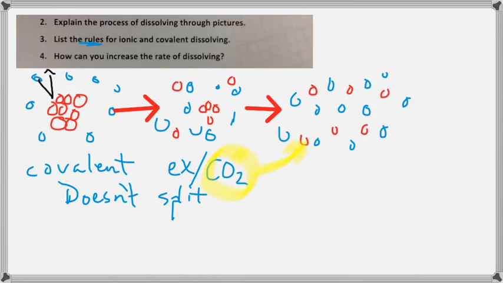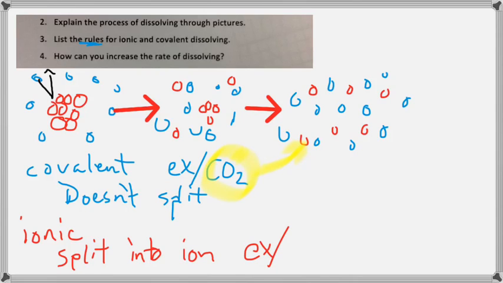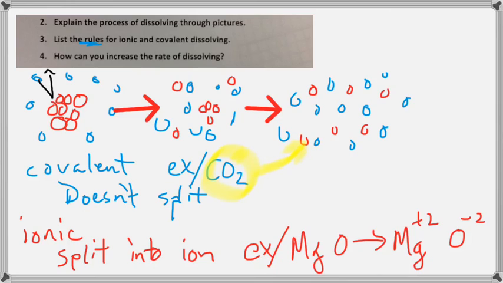Now, when we compare this to ionic compounds, the difference is that with ionic compounds, they split into ions. And the ions are going to have a positive charge and a negative charge. So for example, if you have something like magnesium oxide, when it gets dissolved, it's going to split into the ions, the cation of magnesium with a positive 2 charge, and the anion of oxygen with a negative 2 charge.